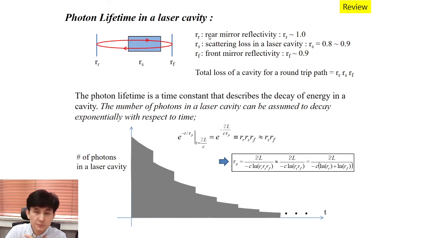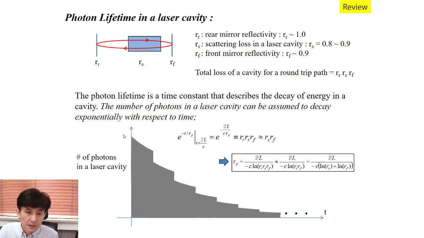That means if we have a real mirror reflectivity, small r, that is in general 100%, that is 1.0, and the scattering loss in a laser cavity is defined as Rs, and it is normally 0.8 or 0.9, and the front mirror reflectivity is 90% or 50%. It depends on the cavity design, and anyway we define this as RF.